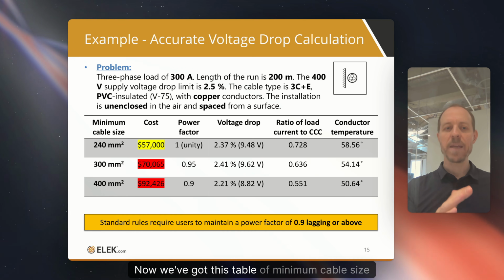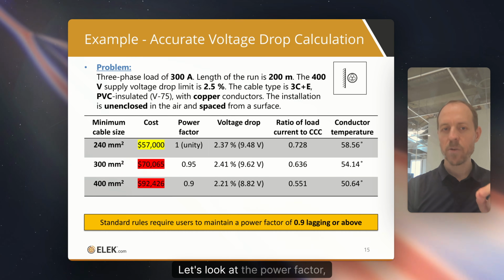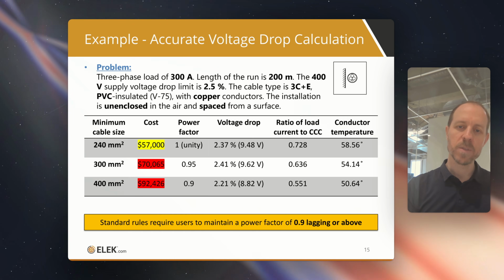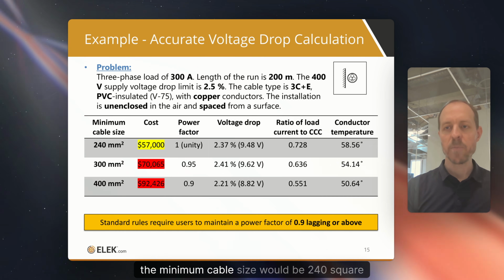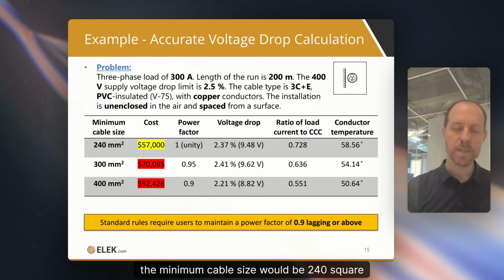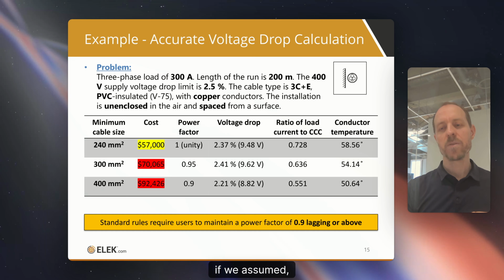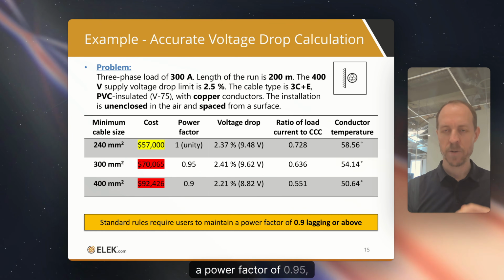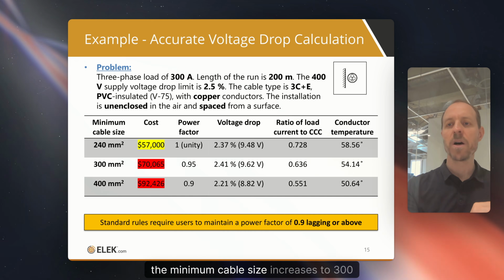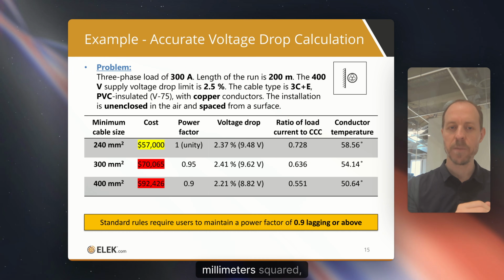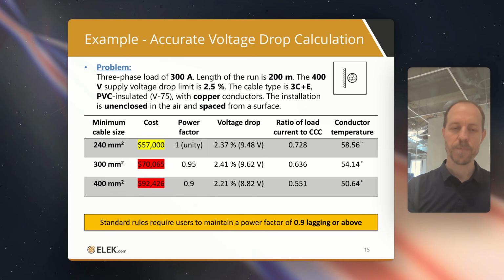Now we've got this table of minimum cable size, where let's look at the power factor column. If we assumed a power factor of 1, the minimum cable size would be 240 square millimeters. Whereas if we assumed a power factor of 0.95, the minimum cable size increases to 300 square millimeters, resulting in a significant cost increase.